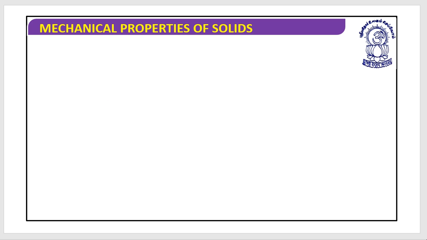Let's have a look. Suppose these are rigid supports, and within these rigid supports our rod has been fixed, and this rod is being heated from this source of supply.